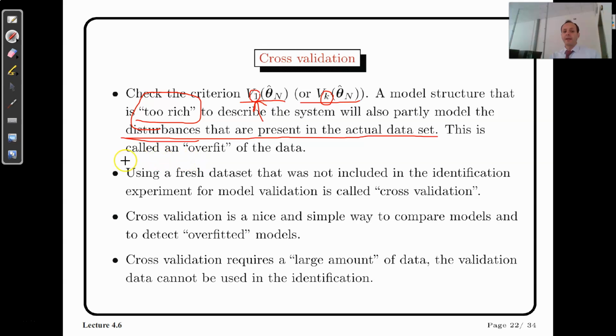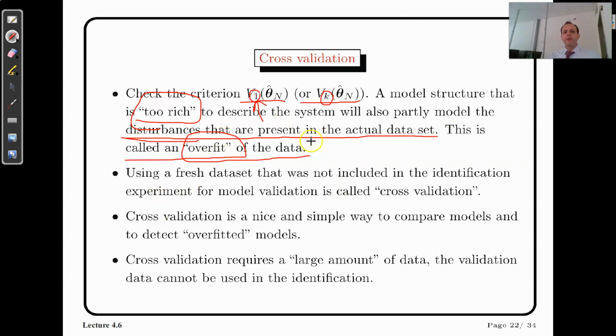This is the same condition as the overfit of a neural network. A neural network overfits the data when it's trying to model not only the real information of the data, but also the noise. A typical example, if you remember, was the radial basis functions. They are perfect interpolators, but they also describe the noise if the number of centers is too high.